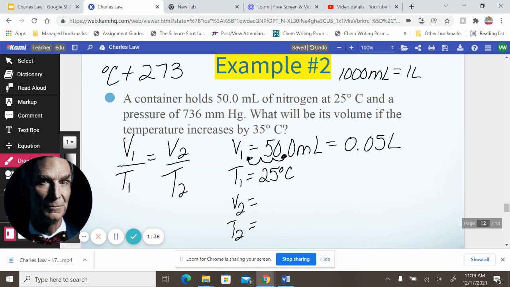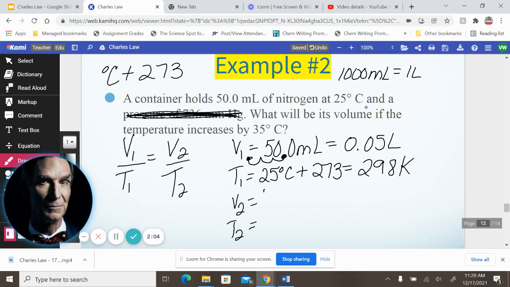Okay, that's how you convert to Kelvin. So we're just going to add 273 to 25. And we get 298 Kelvin. Okay, this bit of information here about the pressure, we can ignore. We don't need that.